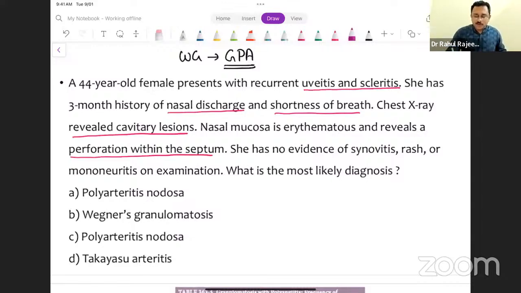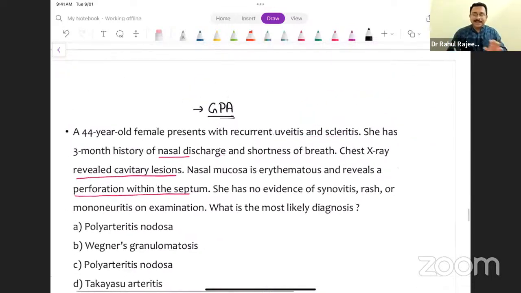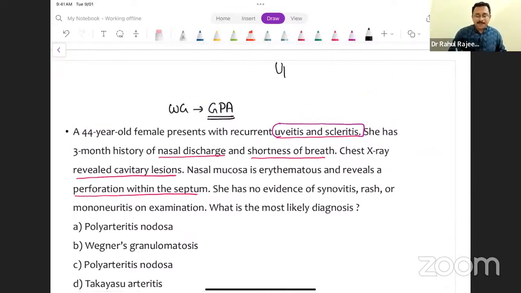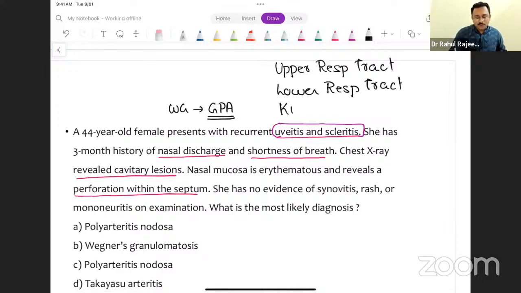Now, at least some of you might have been carried away by the first statement, ocular involvement, because when you learn the disease Wegener's granulomatosis, the typical sites of involvement are the upper respiratory tract, lower respiratory tract, and the kidney. In the question, you can see definitely there is involvement of the lungs.